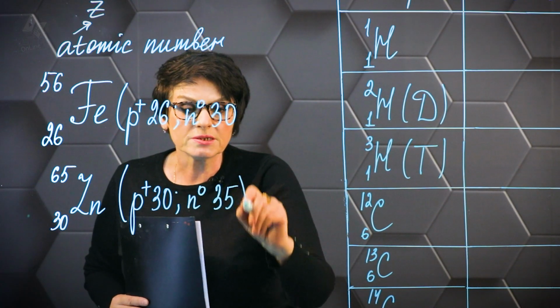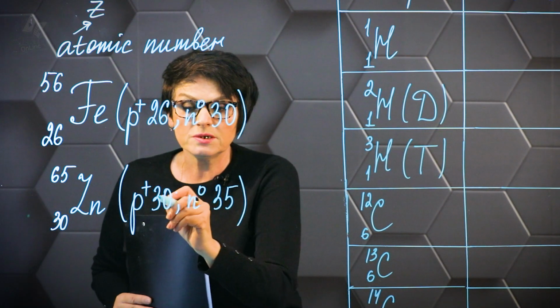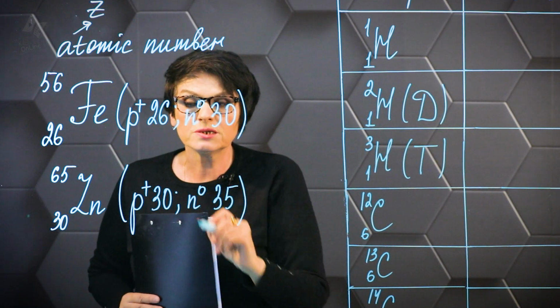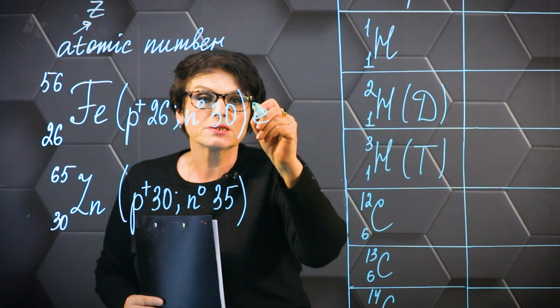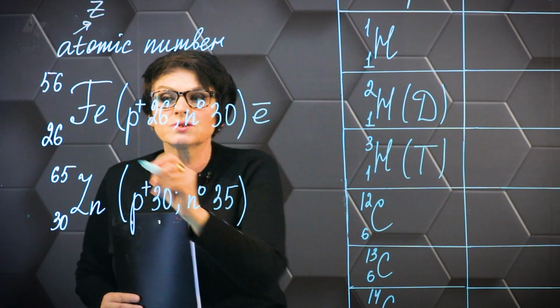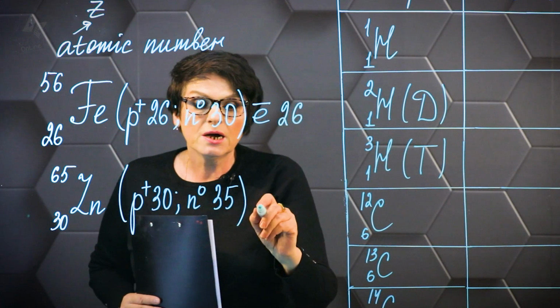The nucleus is made up of protons and neutrons, and so will be respectively for both iron and zinc. But we still have particles, electrons with minus charge, which will be according to the order number 26 for iron, and for zinc it will be 30.